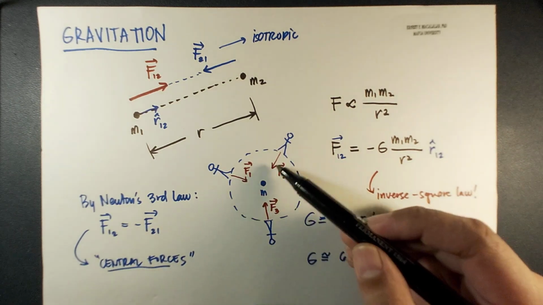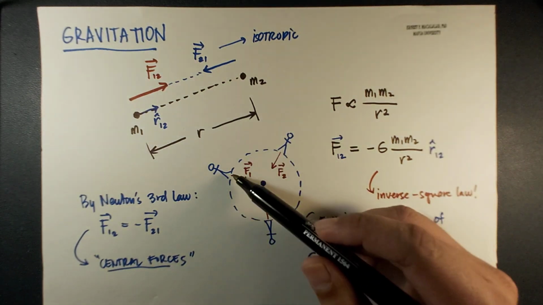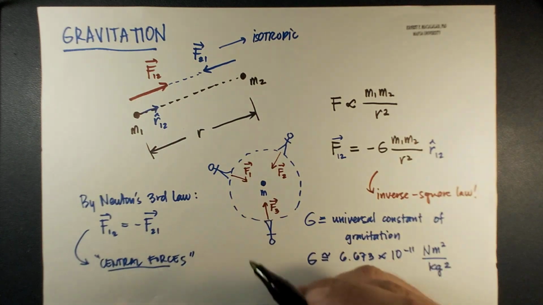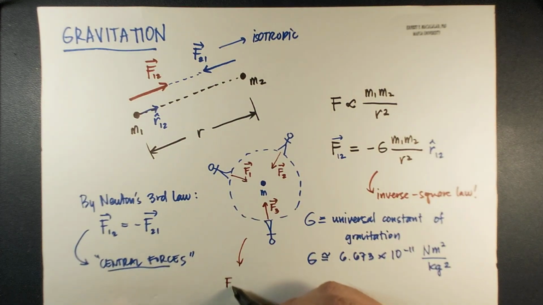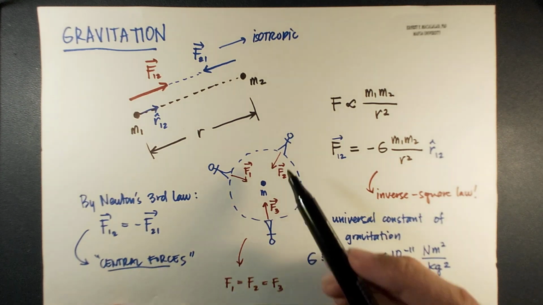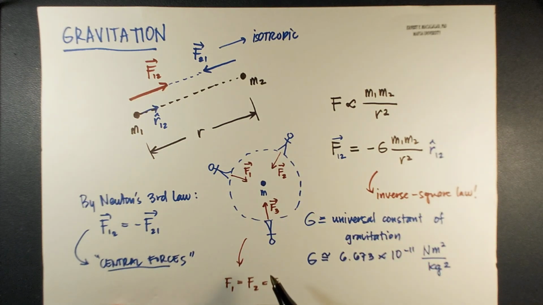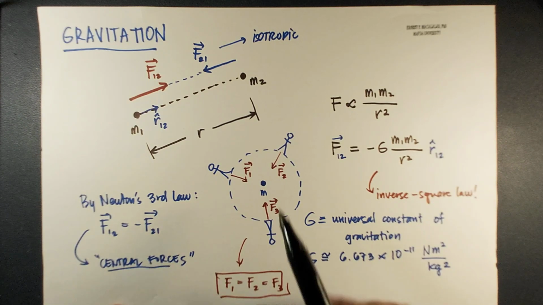And because the particle, the source of the gravitational force exerted on you, is equidistant from your three locations, we know that the magnitude of the forces F1, F2, and F3 are all equal. So that means the force of attraction will always be directed to the center, and by knowing this force, you can never know the position wherein you are located.